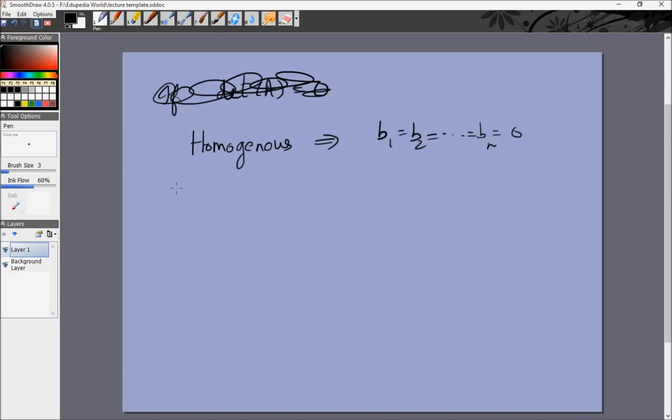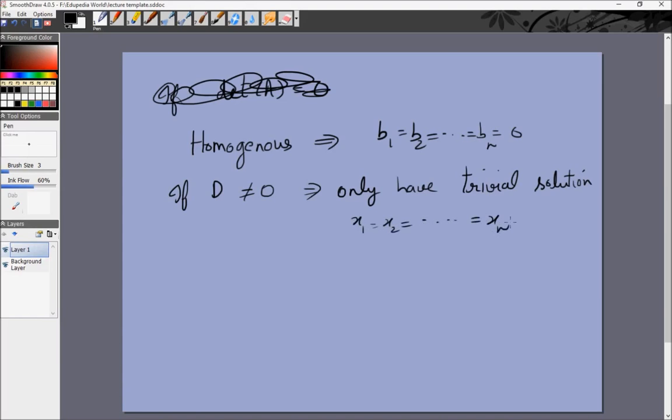In this case, if d is not equal to 0, we only have what is called the trivial solution, which is x1 is equal to x2 is equal to 0.